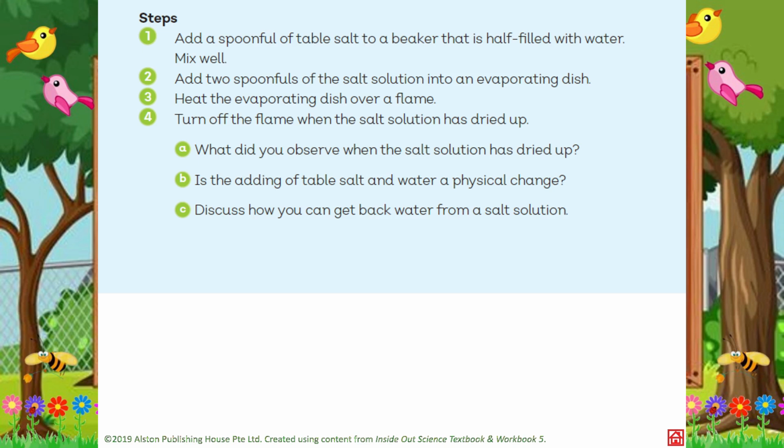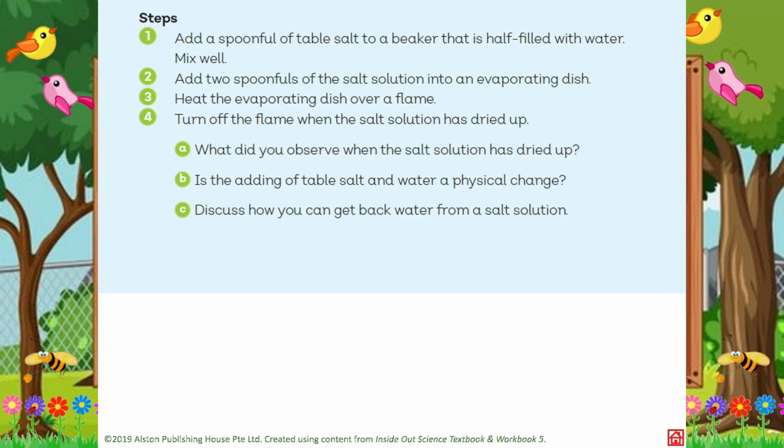Alright, so letter C. Let us discuss how you can get back water from a salt solution. After we have separated the water from the salt solution that we did, the salt remains in the evaporating dish.